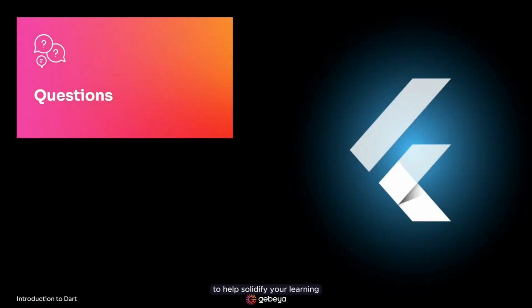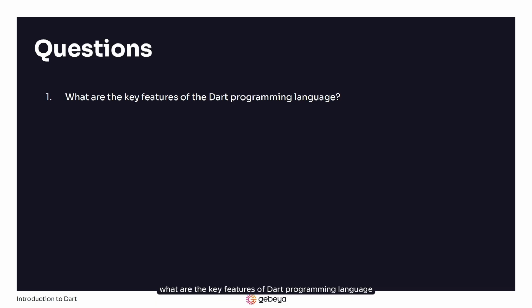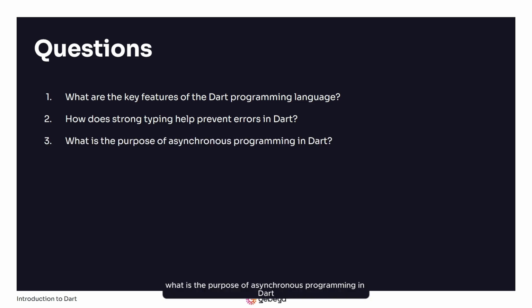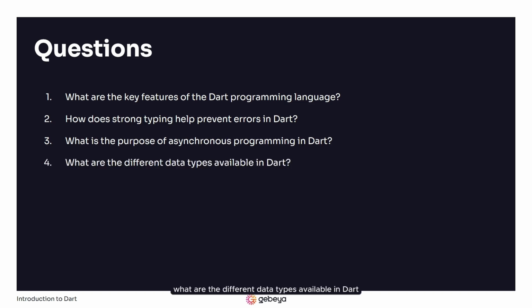To help solidify your learning, reflect on these questions. What are the key features of the Dart programming language? How does strong typing help prevent errors in Dart? What is the purpose of asynchronous programming in Dart? What are the different data types available in Dart?